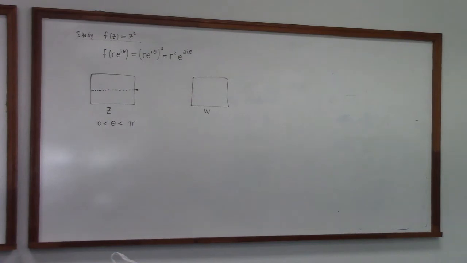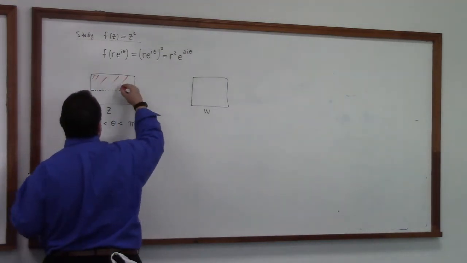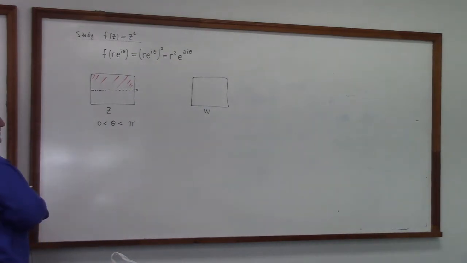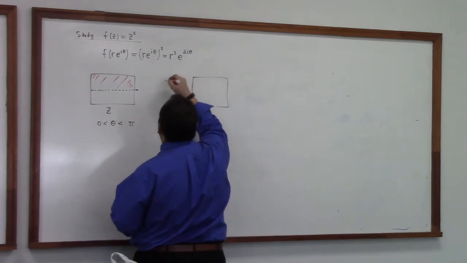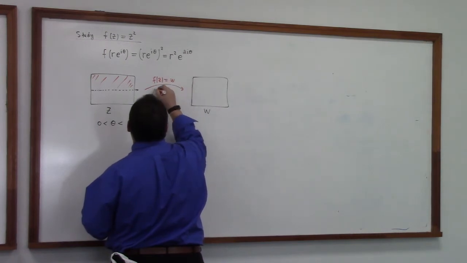It's the top half, the upper half plane, right? Like that. If 0 is less than theta is less than pi, we think of this as f of z equal to w. So in this case, w is equal to z squared.